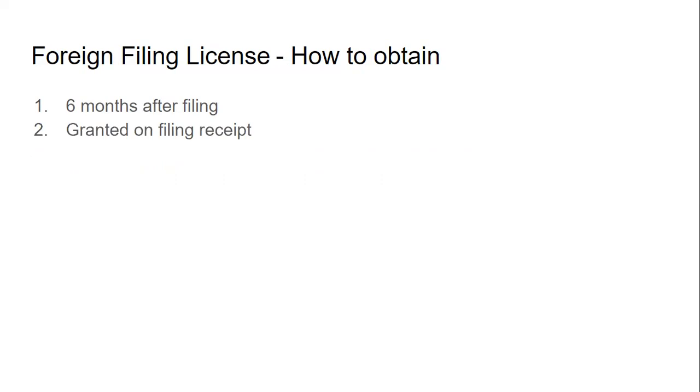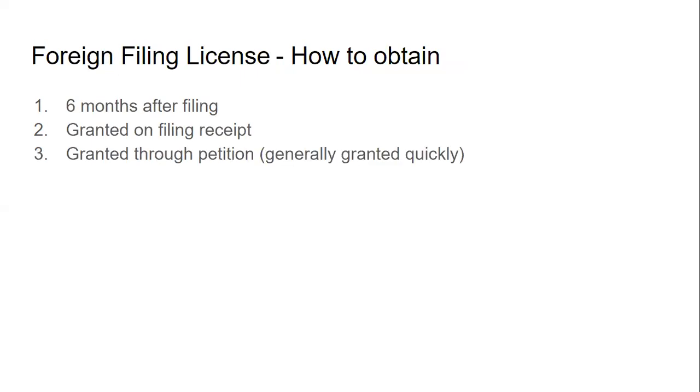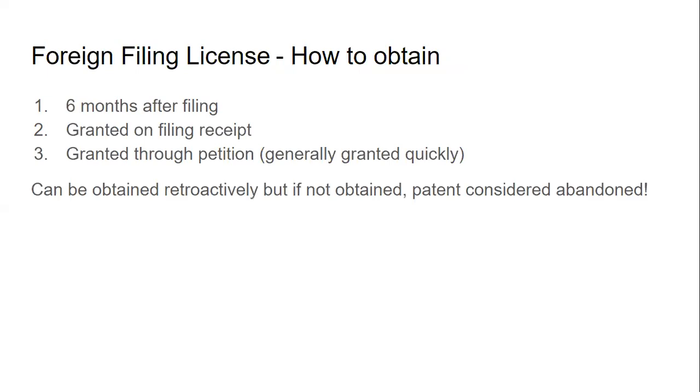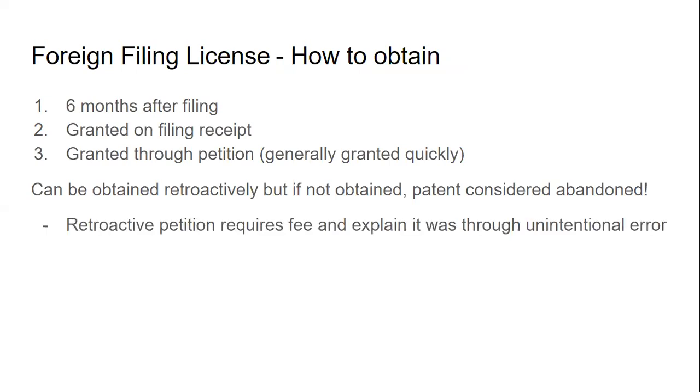And this is all assuming that it hasn't been flagged for any sort of national security or needed to be under secrecy in any way, or granted through petition. And it did say in the MPEP that a petition is generally granted quickly, like within 3 days, if there's no issue flagged there. And then it can be obtained retroactively, but if it's not obtained retroactively, then the patent's considered abandoned. So definitely a lot of good faith in this area.